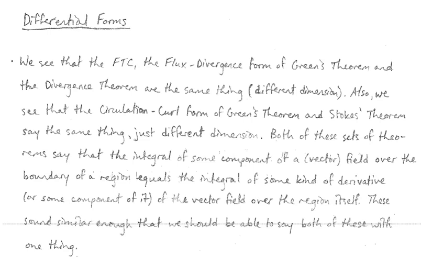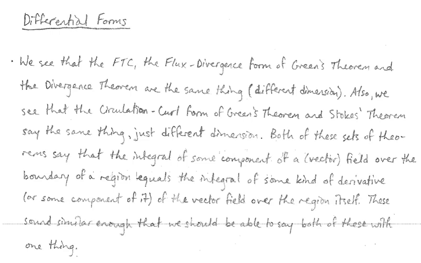Hearing these theorems stated in this sense, these theorems do sound similar enough that we should be able to say both of these things in one unified kind of concept. We should be able to come up with something that will incorporate both of these kinds of theorems.